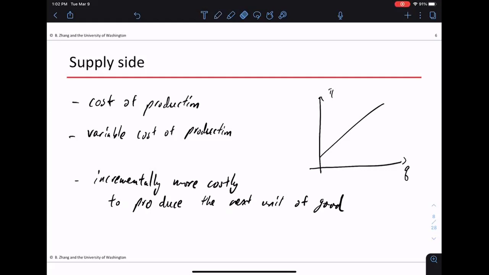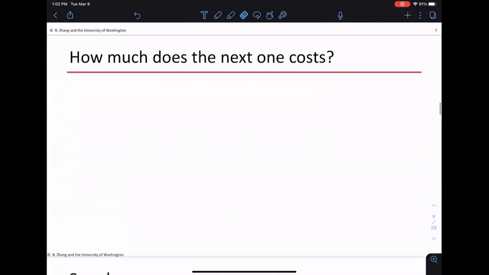If you have a good you're trying to produce, then it's progressively more expensive. It gets more and more expensive to produce this. For example, if you're building some things, production may start off very efficient, very cheap to build, but then get more and more expensive.